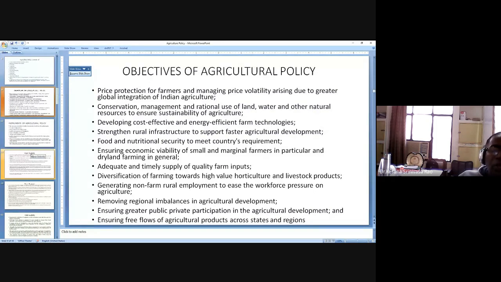In that way, the role of non-farm employment is to ease the workforce pressure on agriculture. Then removing regional imbalances in agriculture development. This is also one thing we can see: regional imbalances, because in one place the agriculture production is very high, in another place the agriculture production is low. So from one region to another region, these agriculture products have to be transported.